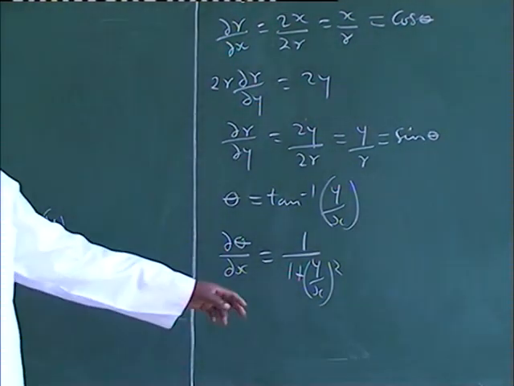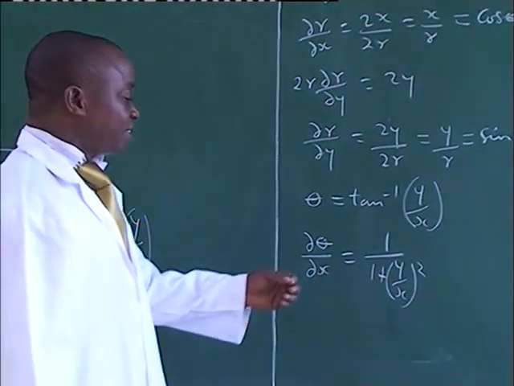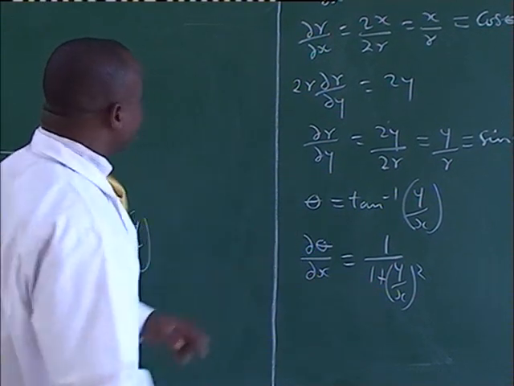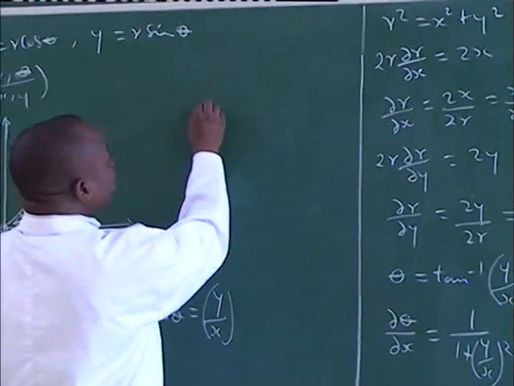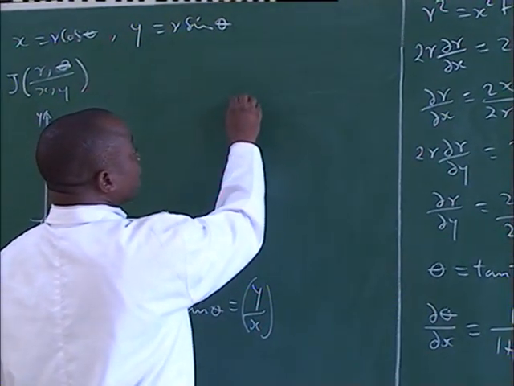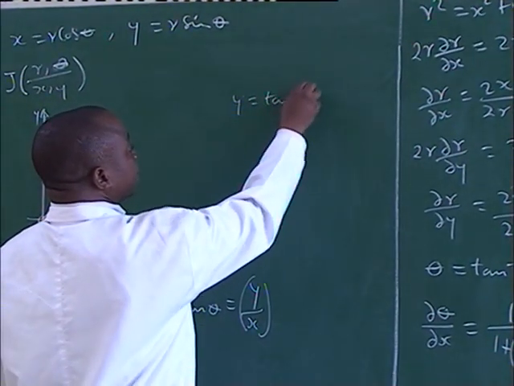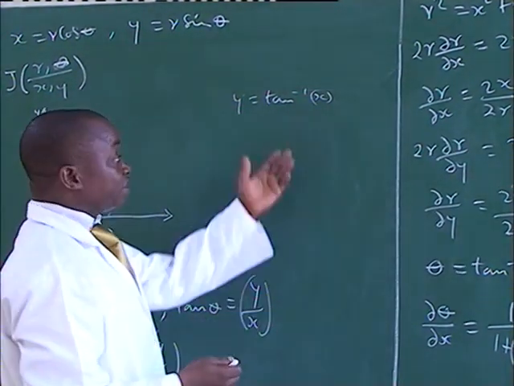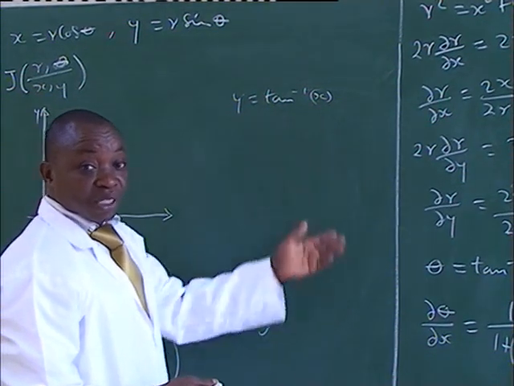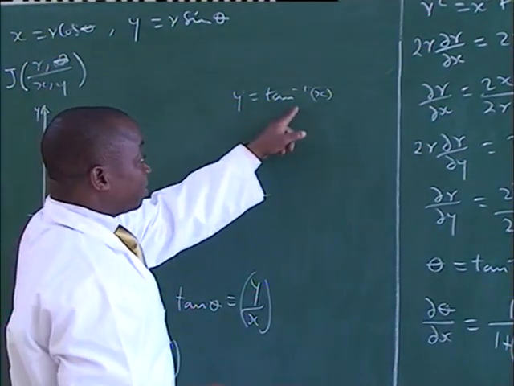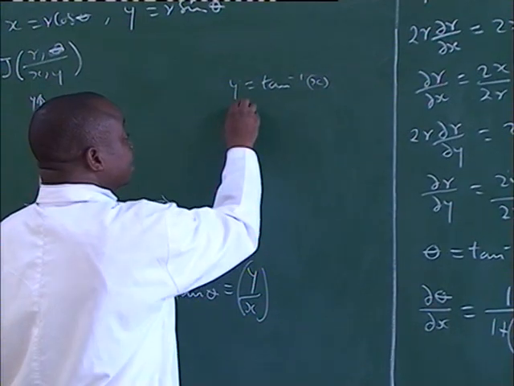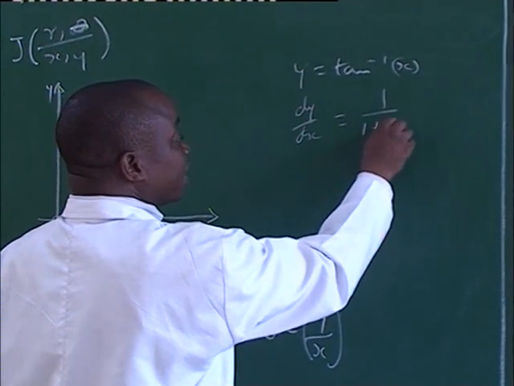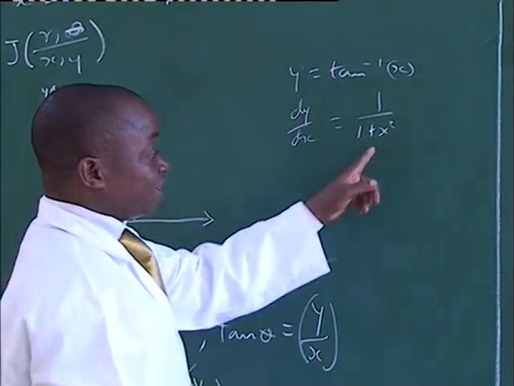It is assumed that you are very familiar with elementary calculus. In elementary calculus, if you have y equal to tan inverse of x, and you watch our lectures on elementary calculus where I show the proof, dy over dx will be equal to 1 over 1 plus x squared.